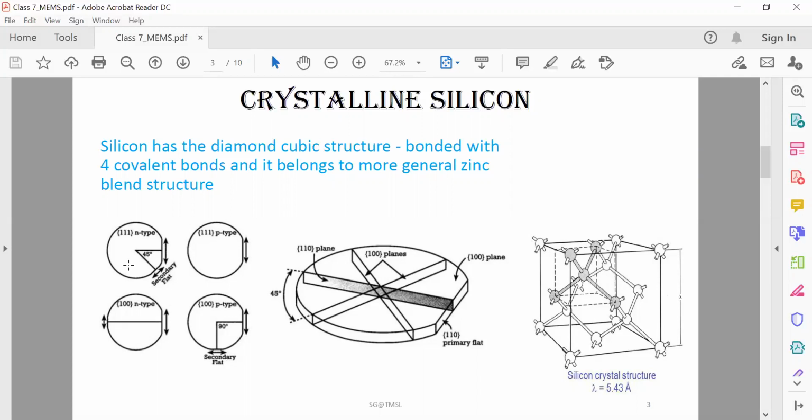On the other hand, if there is a flat here, this one, the primary flat, you can see it's longer than the secondary flat. This is the secondary flat.